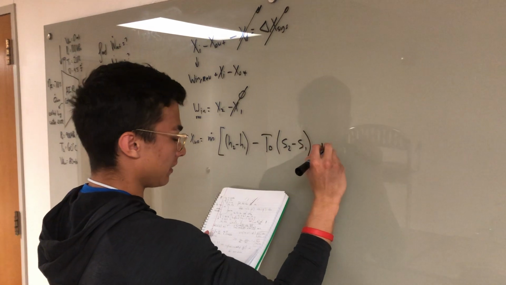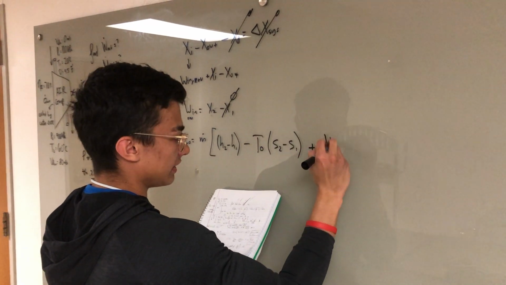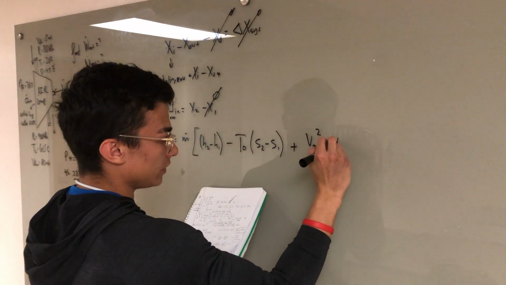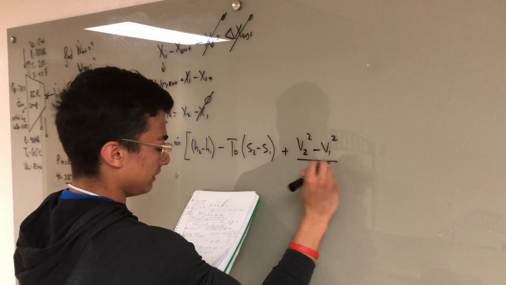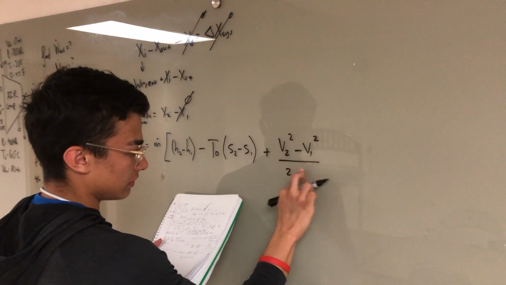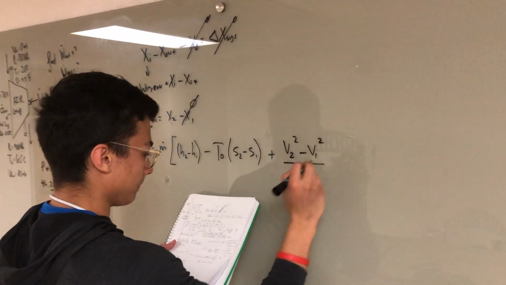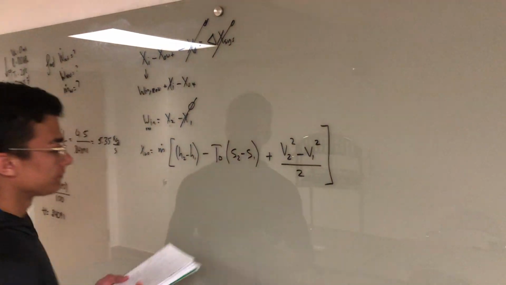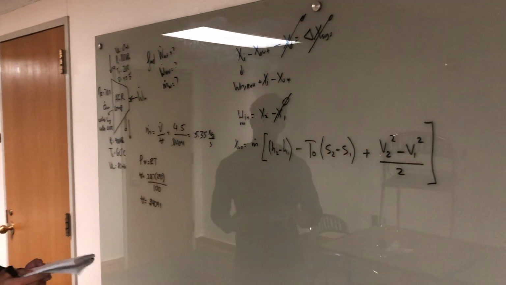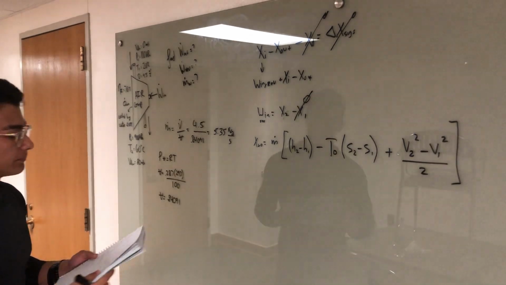And then all that plus your change in kinetic energy that we will use because we were given initial and final velocities. So that's your base equation for the exergy.